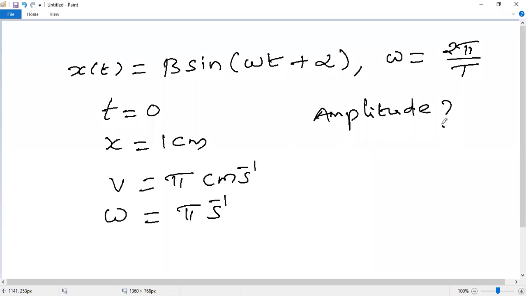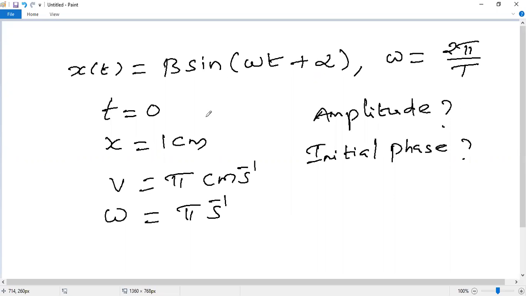Next one, initial phase. Centimeter you can take as it is, centimeter itself. No need to change anything.